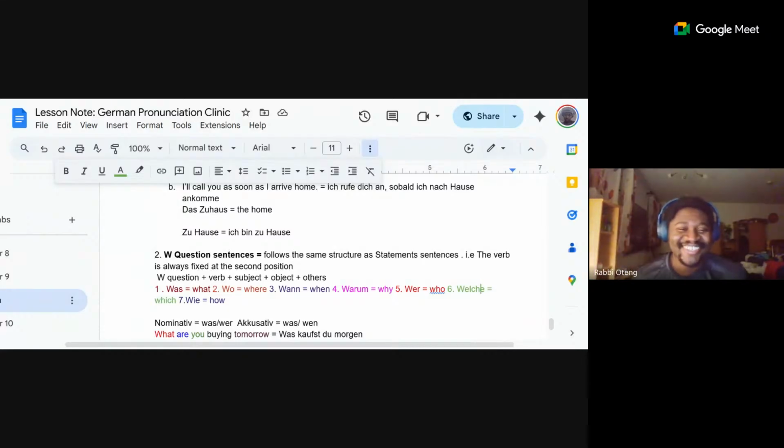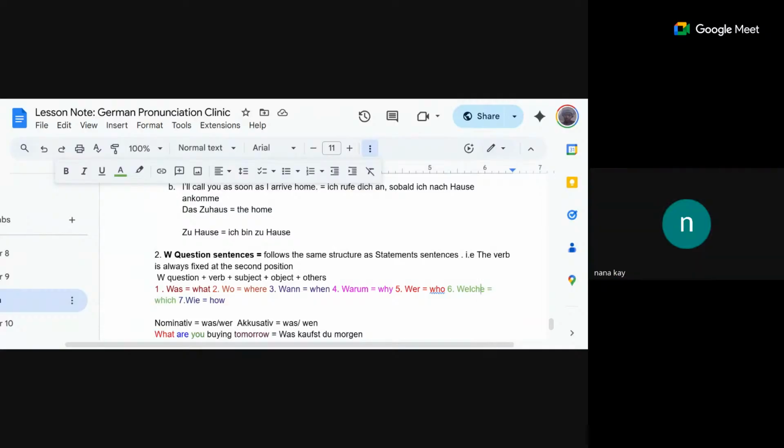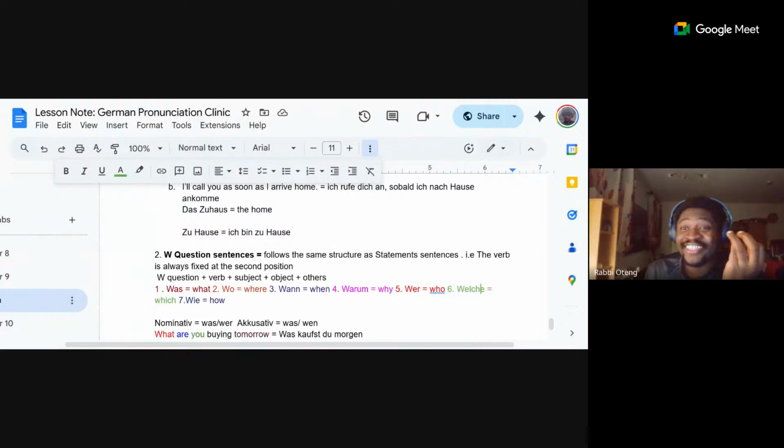Do you get it? There's no other better explanation than what I'm giving you right now. I understand sometimes it's difficult knowing the direct object, especially when there's a direct object and an indirect object.